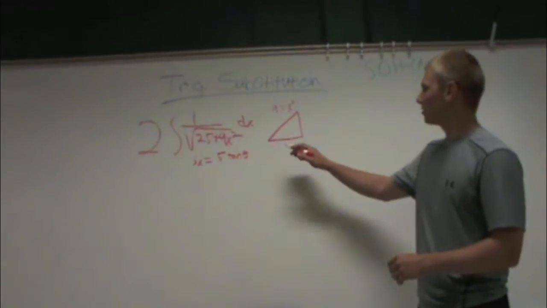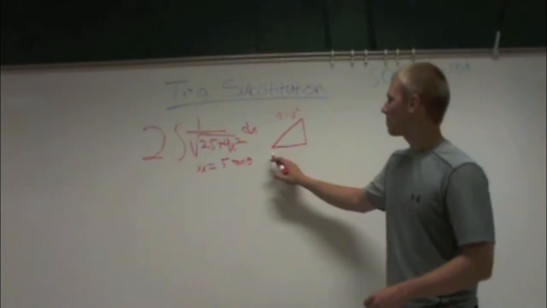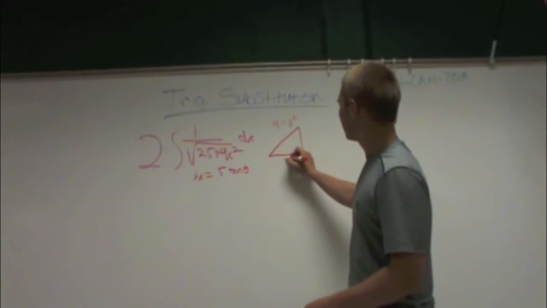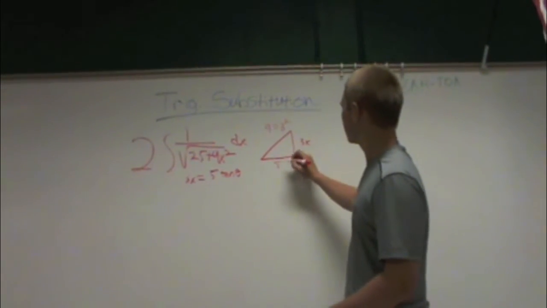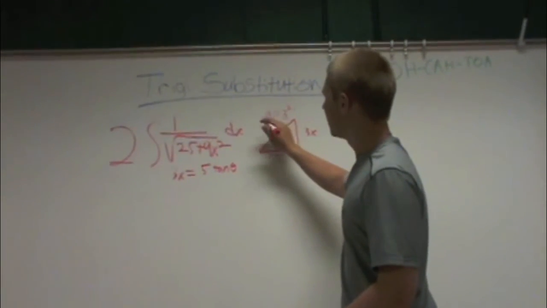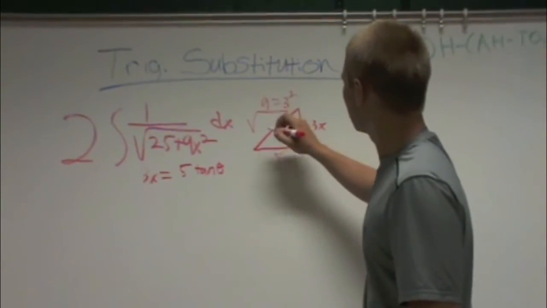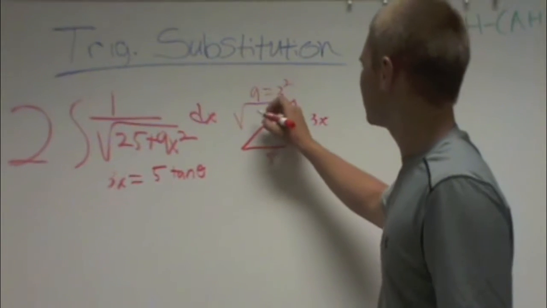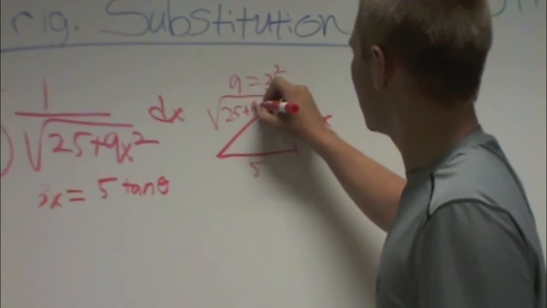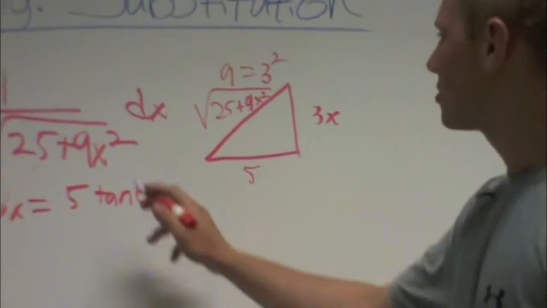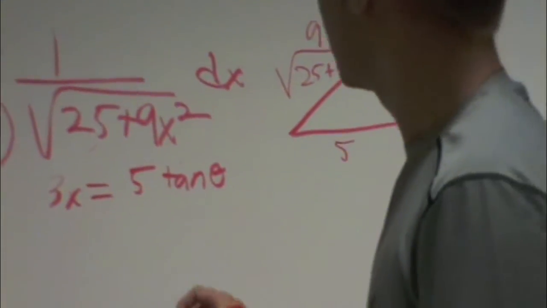Alright, so we draw our triangle. We're going to throw a 5 on the bottom, and put a 3x over here because it's tangent, opposite over adjacent. The hypotenuse is going to be the square root of 25 plus 9x squared, just like we got on the bottom here.